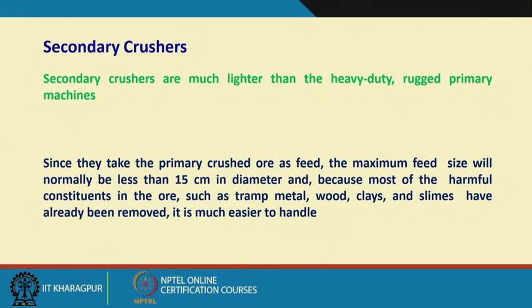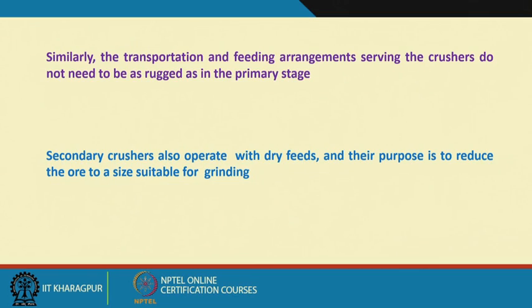Therefore, it is much easier to handle. Because of the relatively finer sizes you are using, you are almost guaranteed that these materials are free from all these harmful constituents which may damage your crushing surfaces. So, it is much easier to handle the secondary crushers.